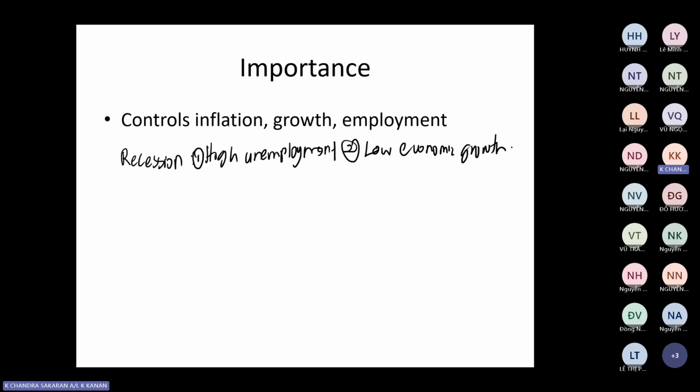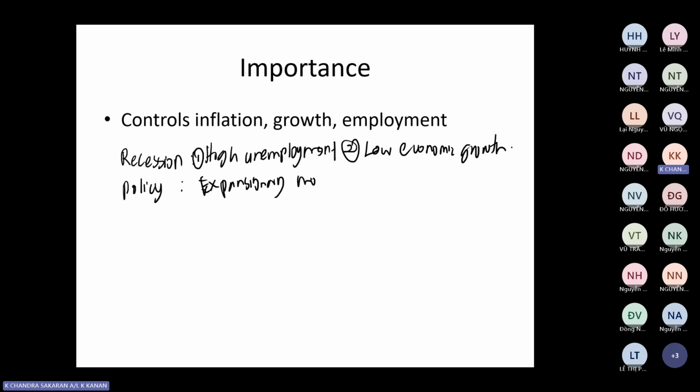So the solution is to create more growth and reduce unemployment. Then you relate this to the policy. But this topic is on monetary policy only. So what kind of monetary policy? You say expansionary.